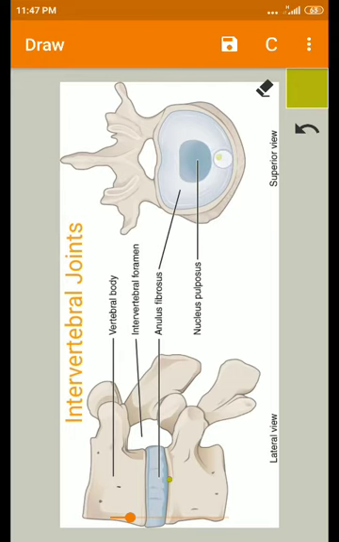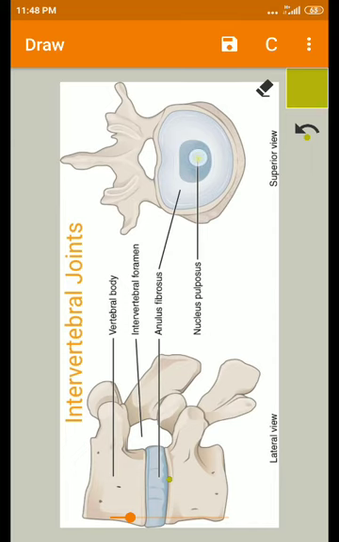Each disc consists of a central part and a peripheral part. The central part is called the nucleus pulposus, whereas the peripheral part is called the annulus fibrosus. The central part is soft and gelatinous at birth.